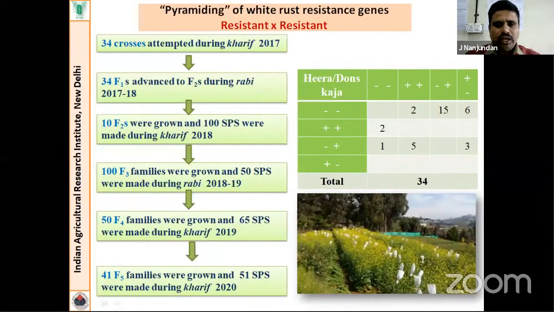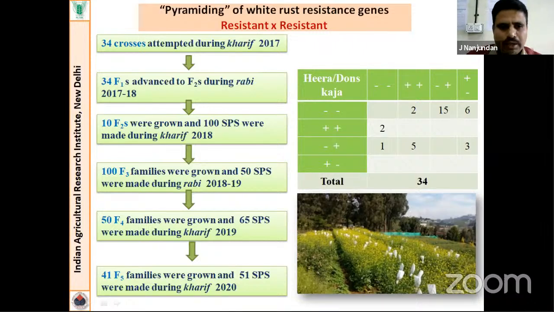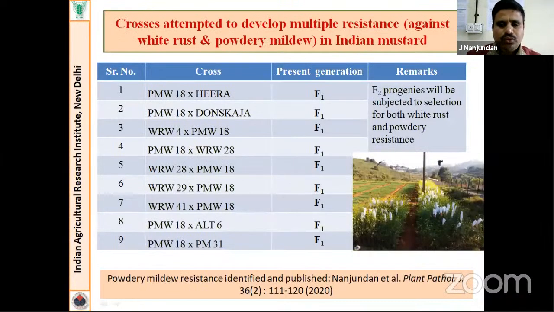Now, utilizing this resistance in conventional breeding, we are attempting to augment the gene sources. We attempted 34 crosses. At this stage, we are at 51 single pair selections at the F5 stage. We are selecting for resistance to white rust and also for other agronomic traits. Last year we published a paper in the Plant Pathology journal.